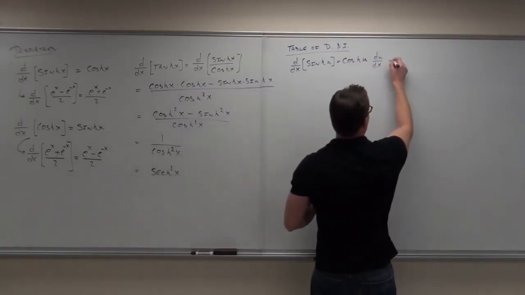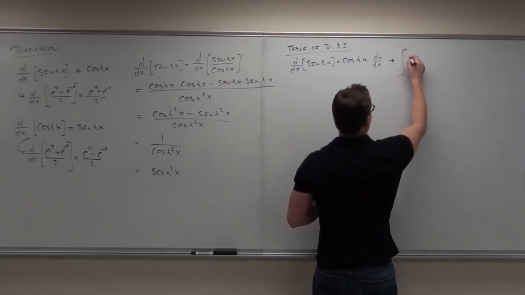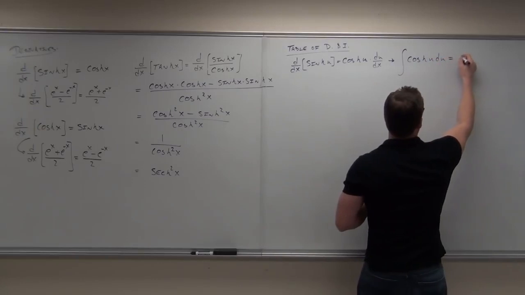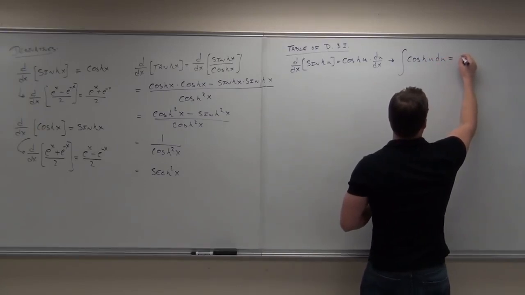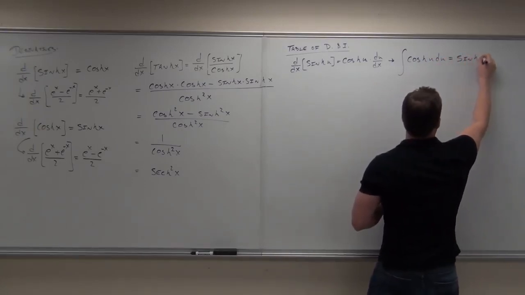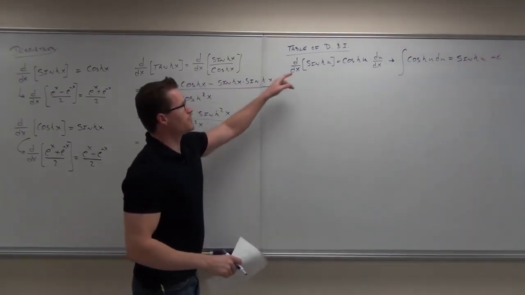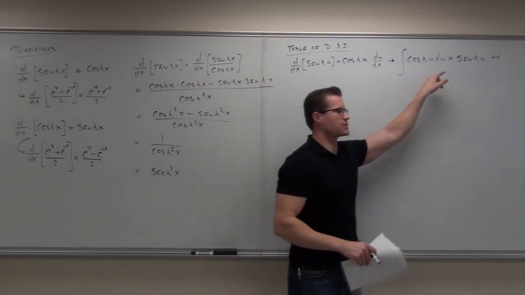What that means is that going backwards, the integral of cosh u du would equal sinh u plus C. If the derivative of sinh gives you cosh, the integral of cosh gives you sinh.